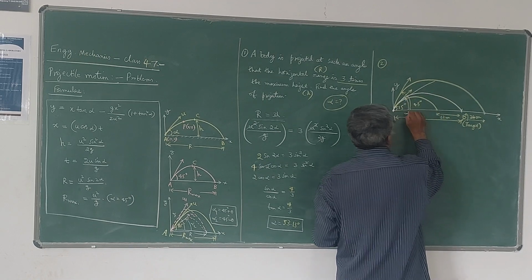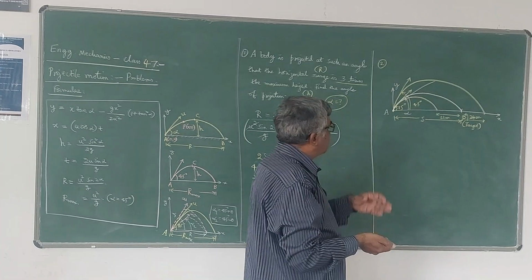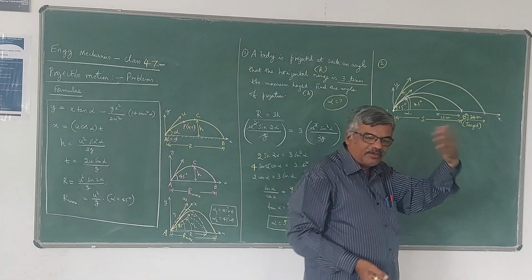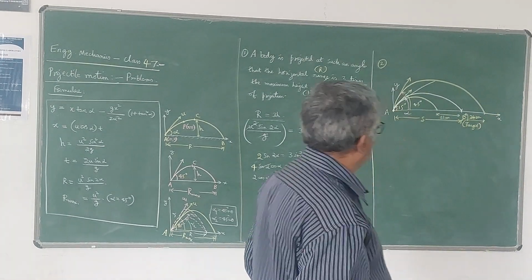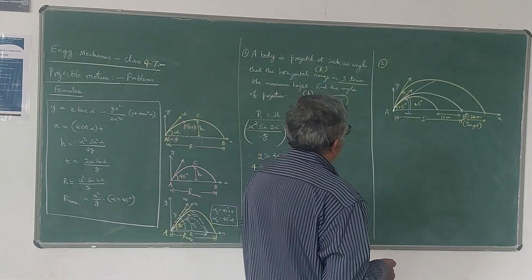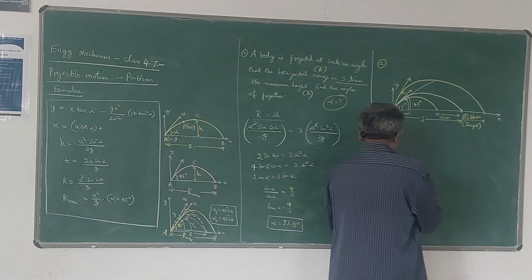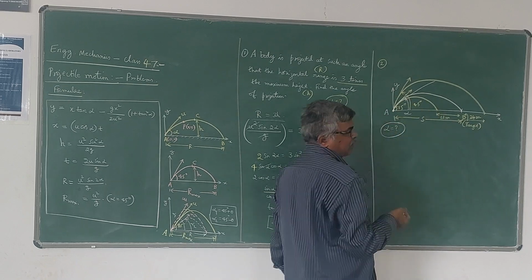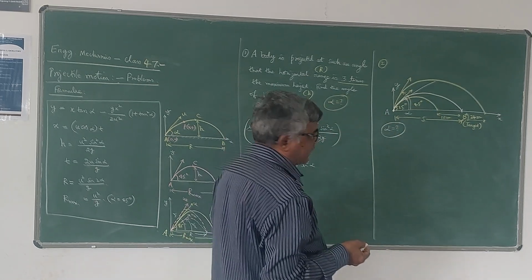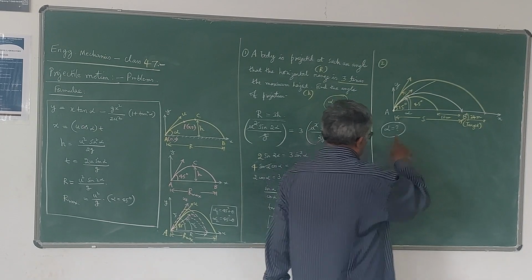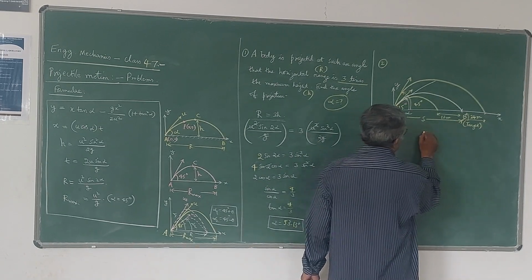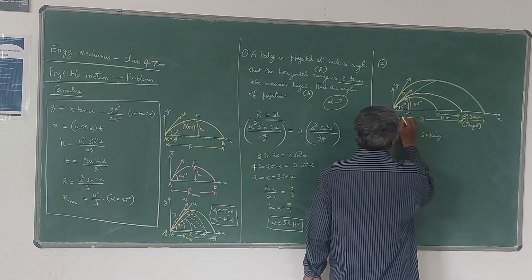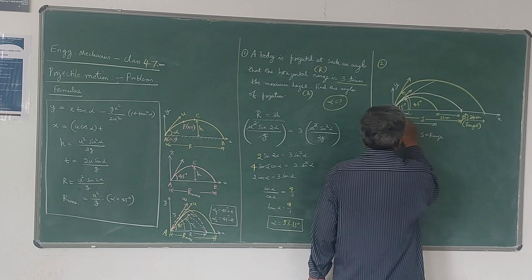Of course, if the angle of projection is 15 degrees, it falls short by 12 meters. If the angle of projection is 45 degrees, it overshoots the target by 24 meters. Therefore, what is the angle with which the object has to be projected to hit the target at B exactly? Suppose I take S as the exact horizontal range to the target. Then this distance becomes S minus 12.